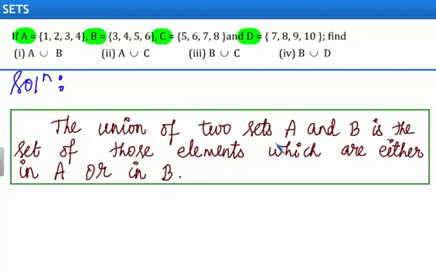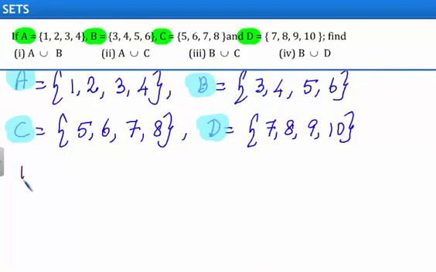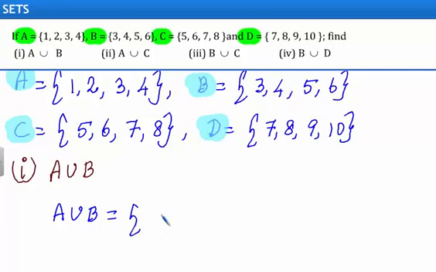The union of two sets A and B is the set of those elements which are either in A or in B. We are given 4 sets, set A, set B, set C and set D. In the first part of the problem, we need to find A union B. A union B is equal to set of those elements which are either in A or in B.